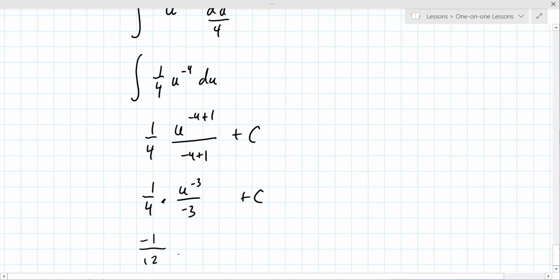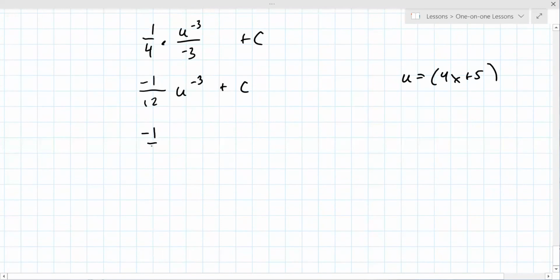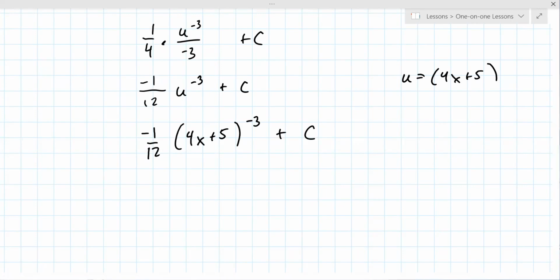So it's -1/12 u to the -3 plus c. Your u is 4x plus 5, so you want to back substitute that in. -1/12, 4x plus 5 to the -3 power plus c. Okay, that makes sense.